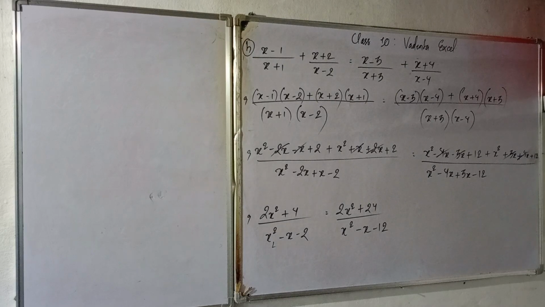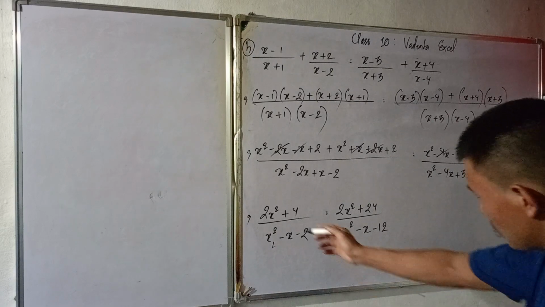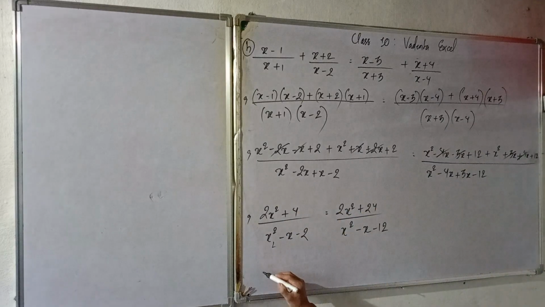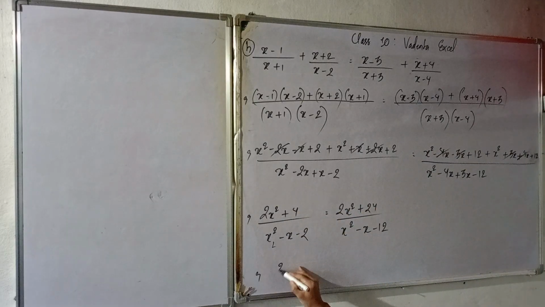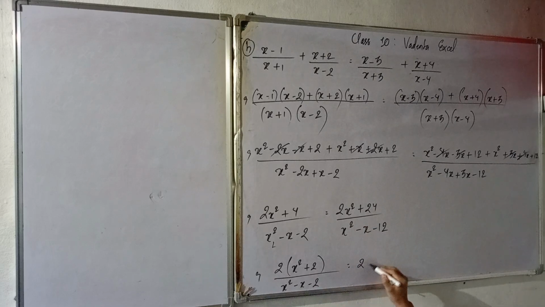Okay, is there anything that we can do? You can take the common factor from the numerator on both sides. Just take the common factor here: 2 times x squared plus 2 over x squared minus x minus 2 is equal to, here also, 2 times x squared plus 12 over x squared minus x minus 12. Now this 2 and 2 can be cancelled.